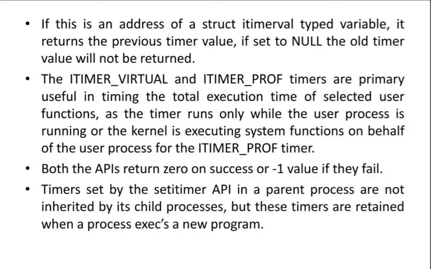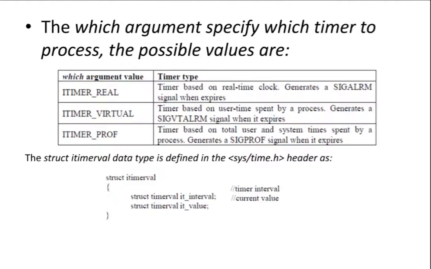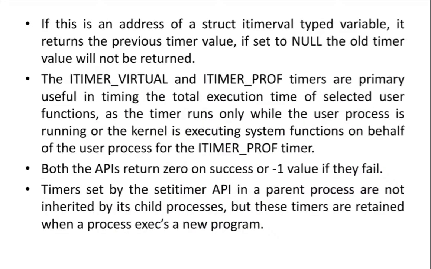And both the APIs we have used here, get timer or set timer, are going to return 0 on success or -1 if they fail, right? And one more important thing, whatever timer is set using this set timer API is used by only the process that used the set timer API.